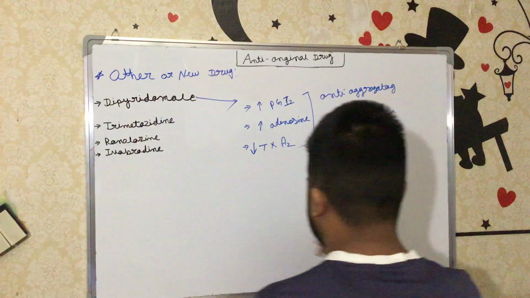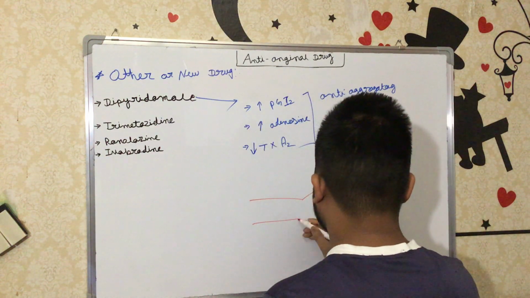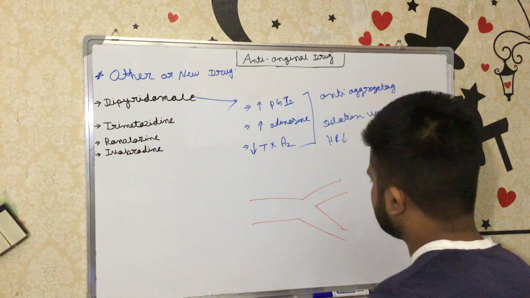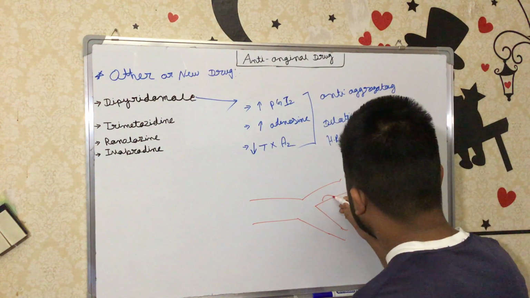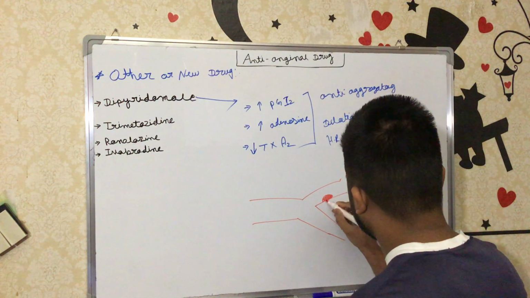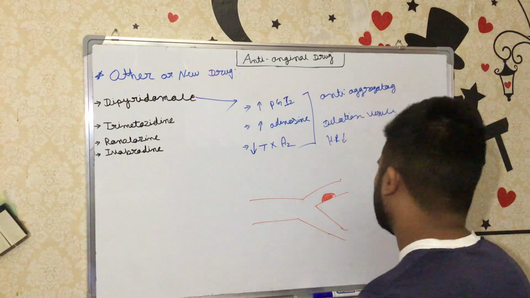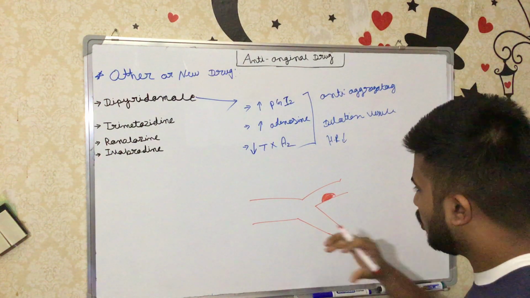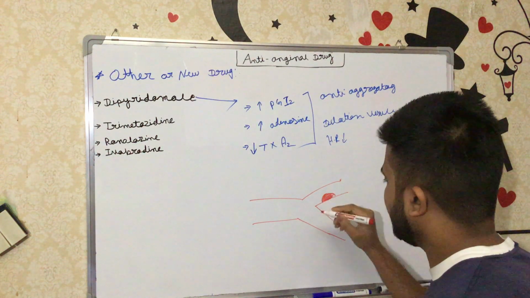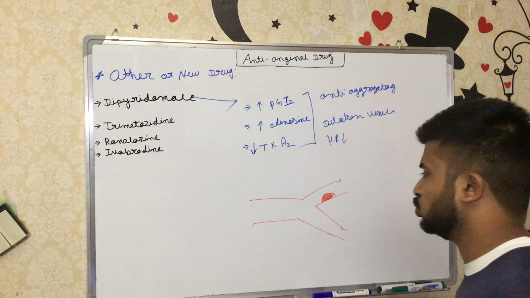For example, this is the coronary artery, and for example in this area there is an obstruction, meaning an atherosclerotic plaque forms here. Now more blood is needed here, because less blood is coming to this area, and this area is suffering ischemia. This is the ischemic zone.